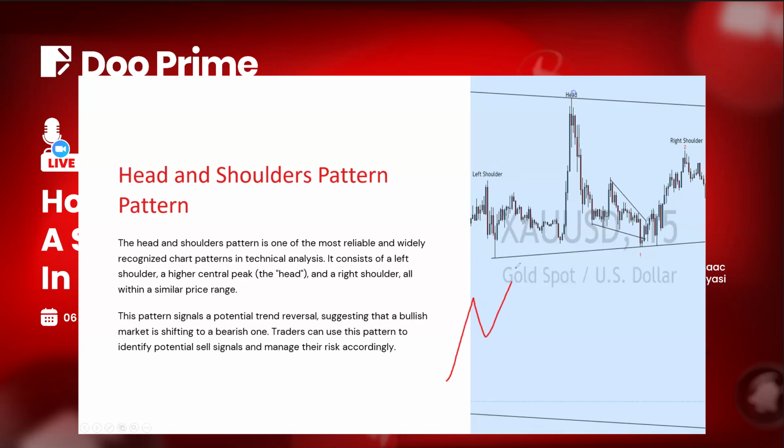If you look at it carefully, it's like a human being. This is the head, this is the right shoulder, this is the left shoulder, and this part we call the neckline. Let's look at how we're actually going to do this.